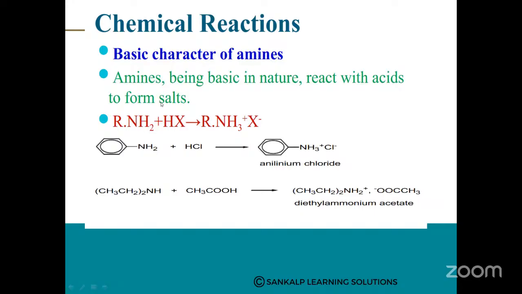They form ammonium salt, which indicates that amines are basic in nature. So RNH2 reacts with an acid and you get RNH3+ X-. Here this is the base, this is the acid, and this is the salt.